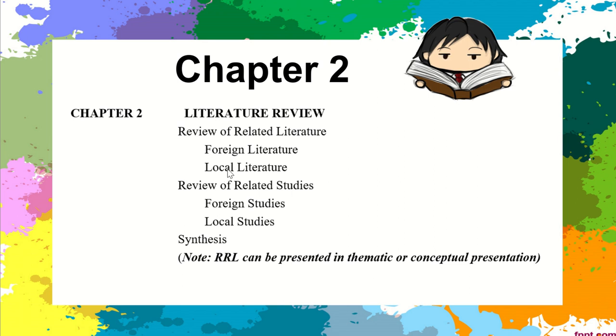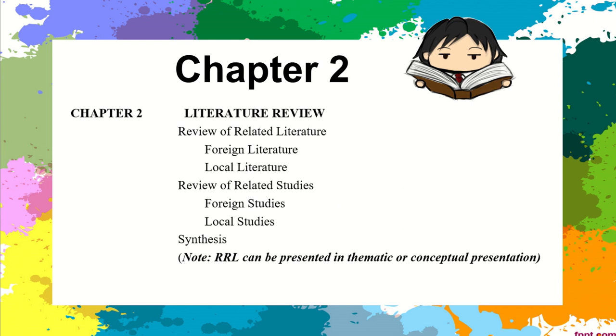While the review of related studies includes the theses on research topics carrying the same variables. These are the previous researches that have been done, theses or dissertations, published or unpublished, that you used and that are related to your study, with the same variables you are studying.